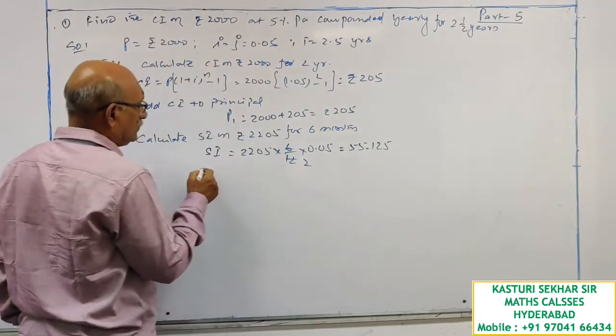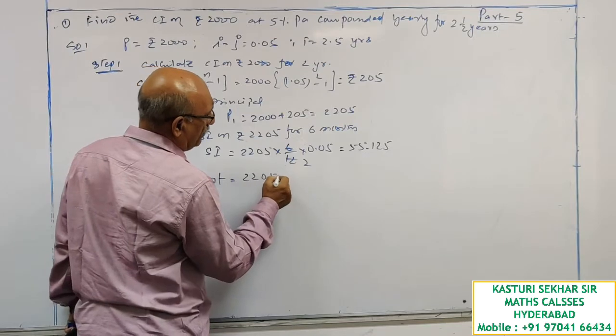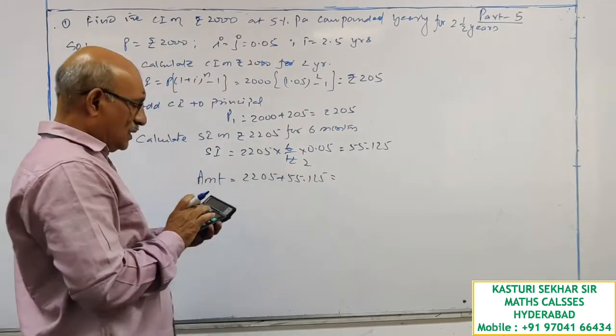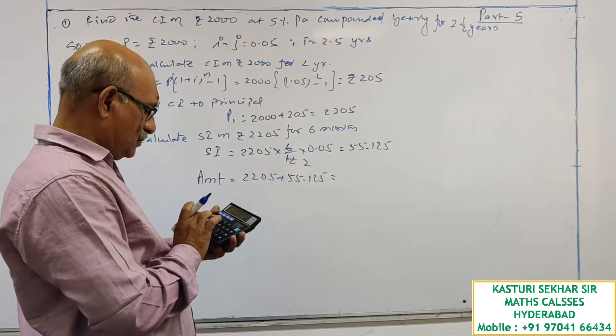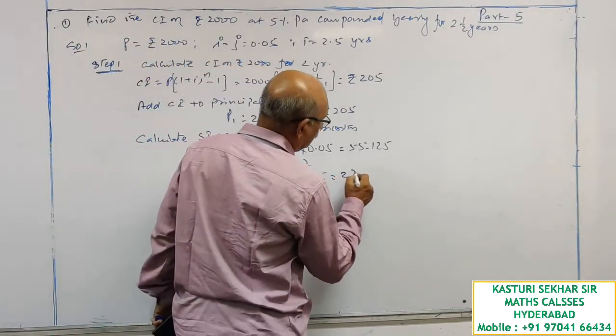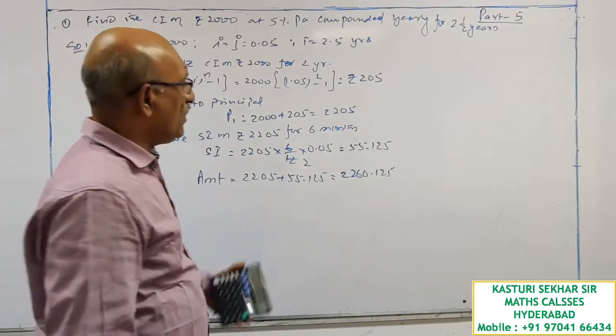Add this one. So amount is equal to 2205 plus 55.125, this is 2260.125.